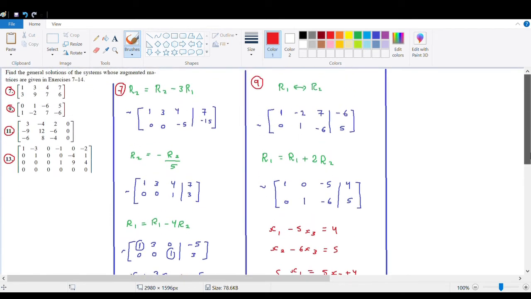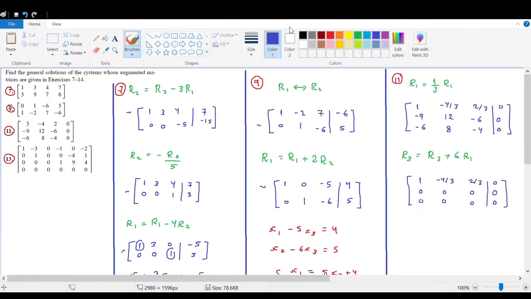Now let us see what is the general solution for 11. We need to reduce this one to reduced echelon form. So row 1 is equal to 1 over 3 row 1. We get this matrix. Then row 3 is equal to row 3 plus 6 row 1. We get this matrix.